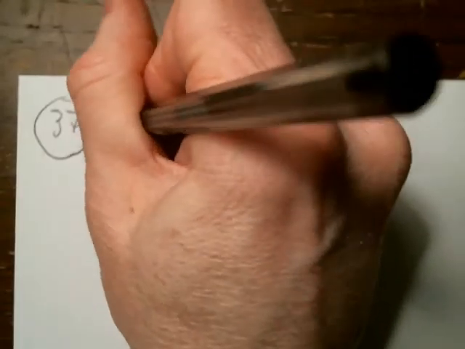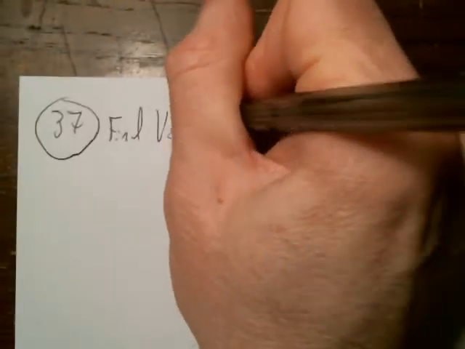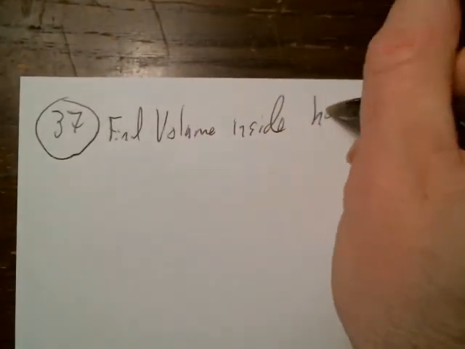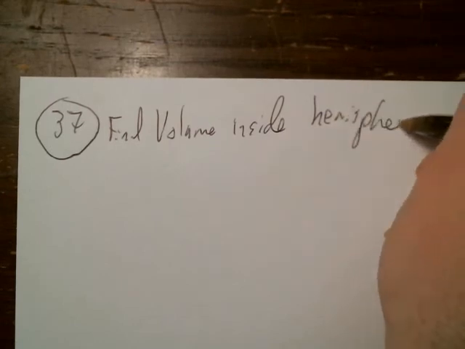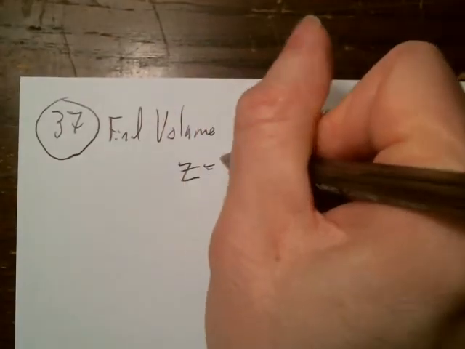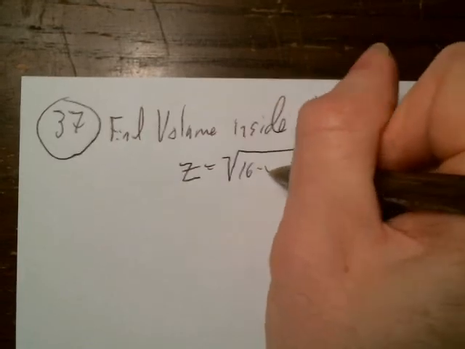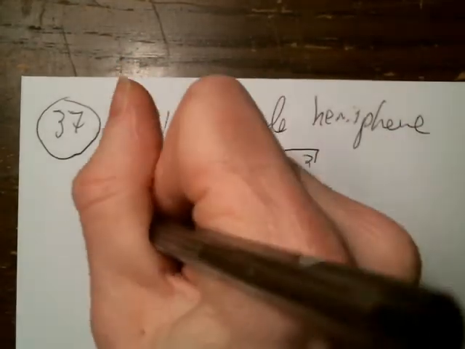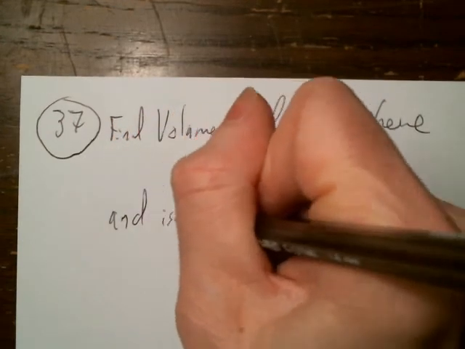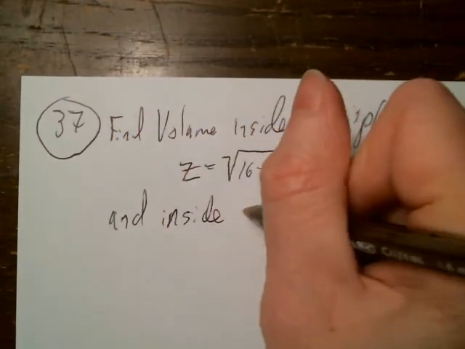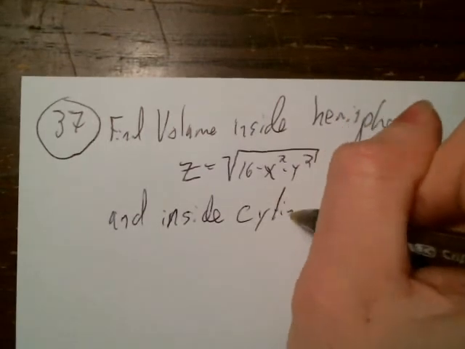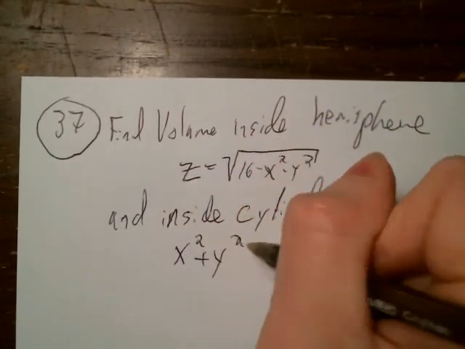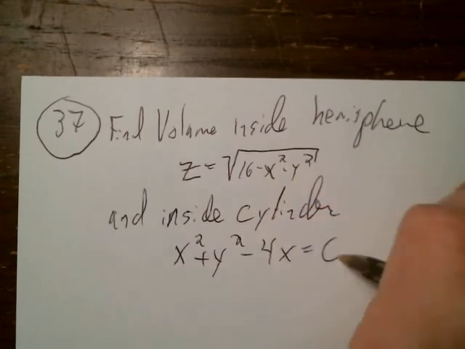So find the volume inside the hemisphere z equals square root of 16 minus x squared minus y squared, and inside the cylinder, x squared plus y squared minus 4x is 0.